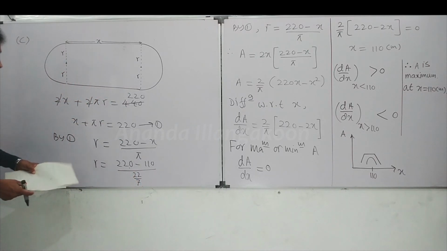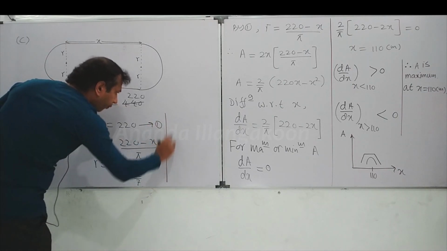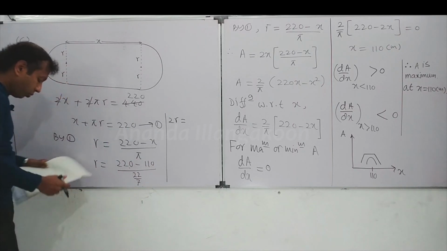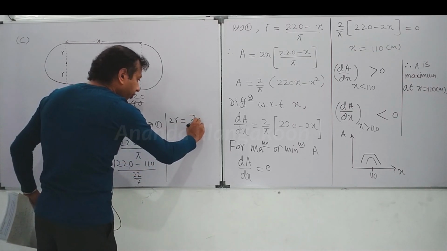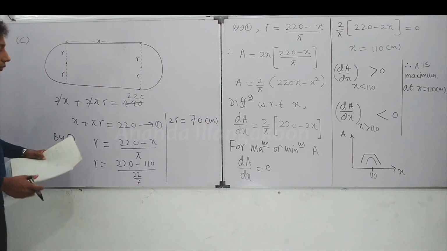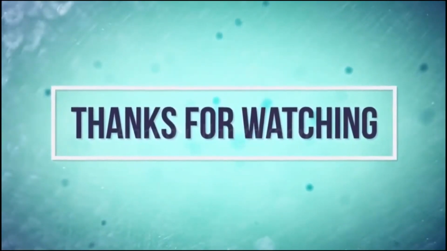Then the breadth is going to be 2r. Simplify this, multiply by 2, then we get 2r as 70 meters. Therefore, the length is 110 meters and the breadth is 70 meters.